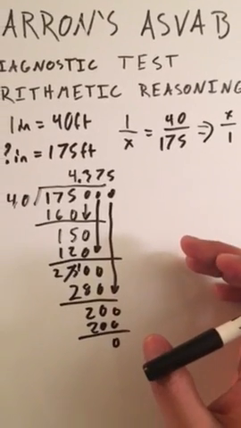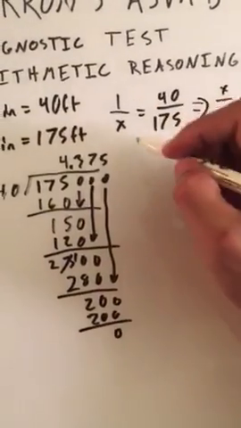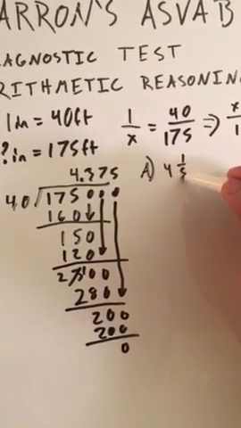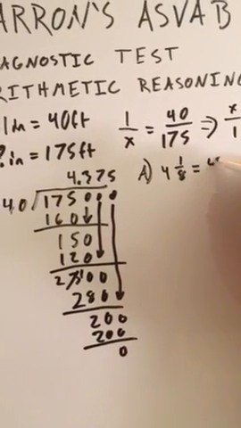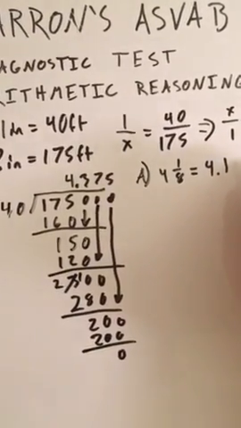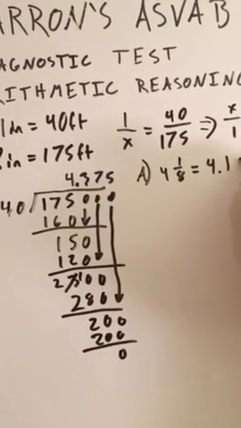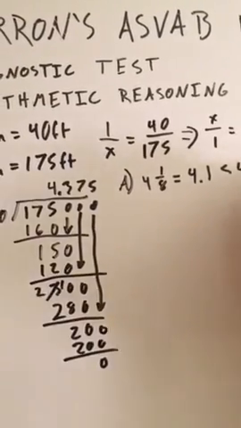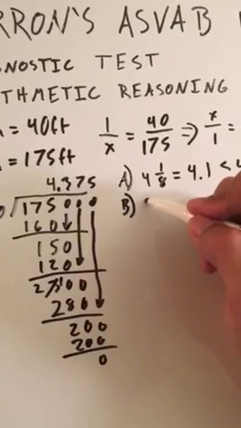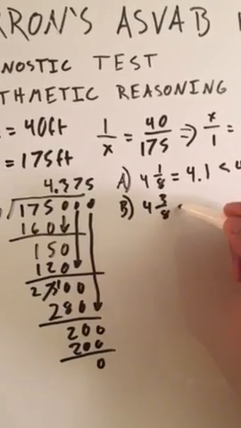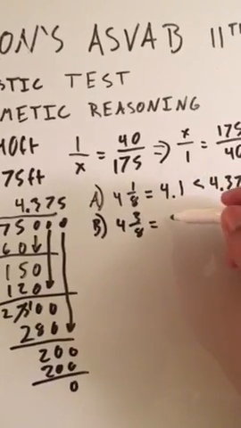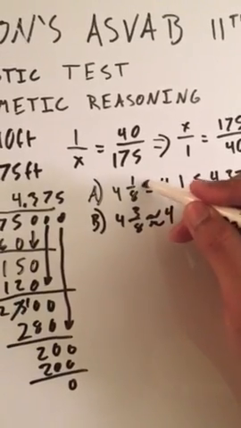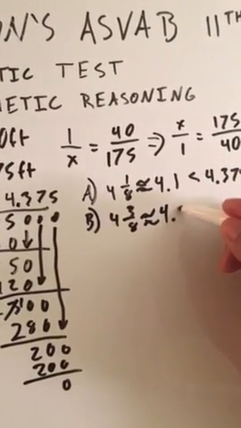Alright, now in the answer key, they want it in fraction form. A is 4 1/8, which is about 4.1, which is less than 4.375. We have B, which is 4 3/8, which is going to be about 4.4.